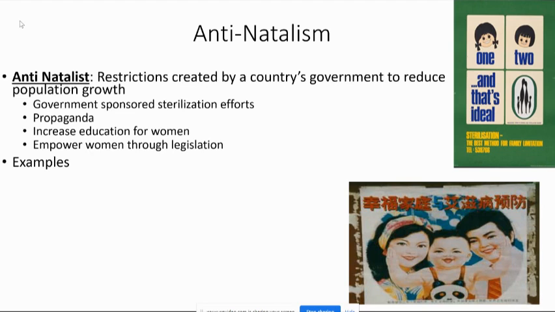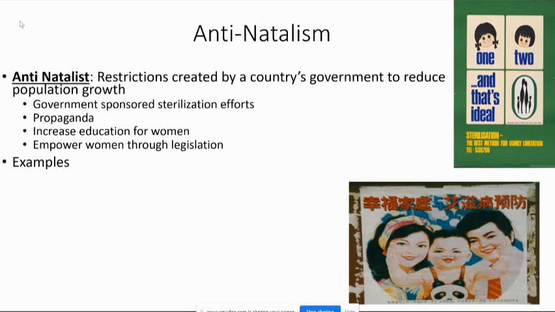Down at the bottom there, you can see how happy the Chinese family is by having one child. And that seems to be the ideal family, 2 happy parents and 1 happy child. And then the one in the top, 1 and 2, and that's ideal. So you can actually see that this was a family planning sterilization propaganda poster that a government had.